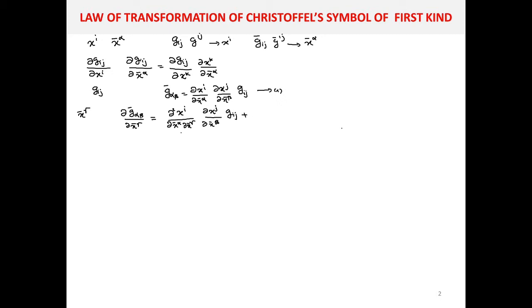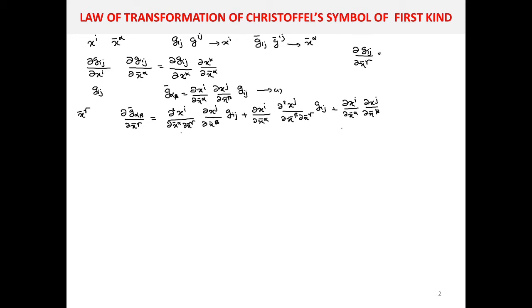Now we take the differential of the second term, so it becomes dou x^i by dou x bar alpha, where the first term has no change, and the second term becomes dou square x^j by dou x bar beta dou x bar gamma into g_ij. The third term will be dou x^i by dou x bar alpha dou x^j by dou x bar beta into the derivative of this term, that is dou g_ij by dou x bar gamma.